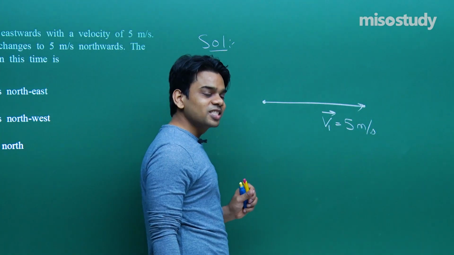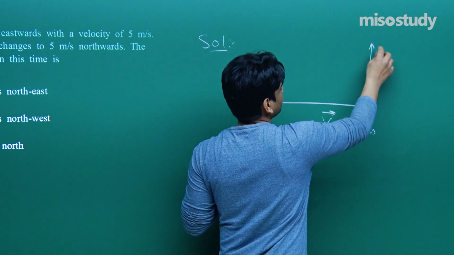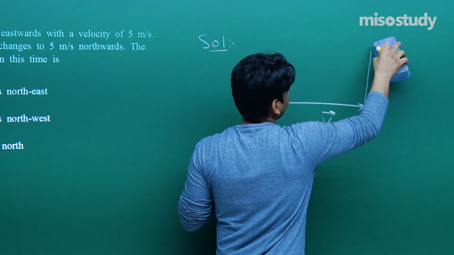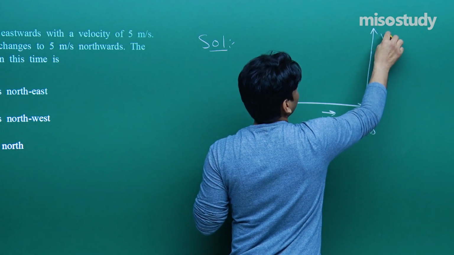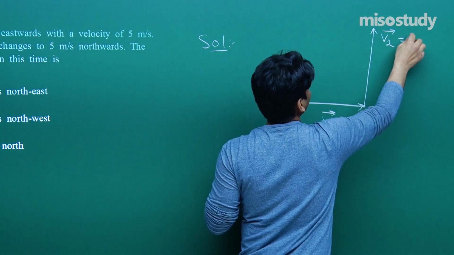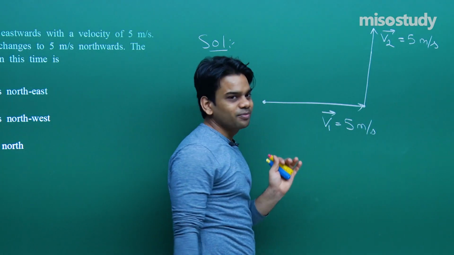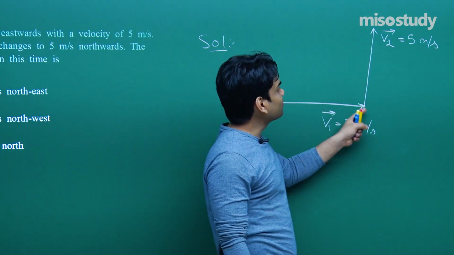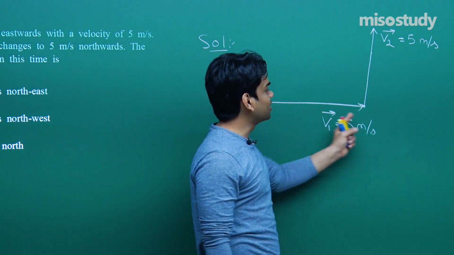Now it changed its velocity to 5 meter per second, but towards north. This is the final velocity, that is 5 meter per second towards north. So I am marking V1 and V2 for two different velocities, although they have the same magnitude. V1 is the initial velocity, and V2 is the velocity after some time.